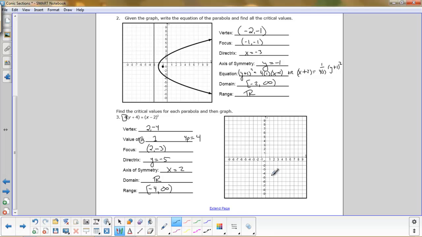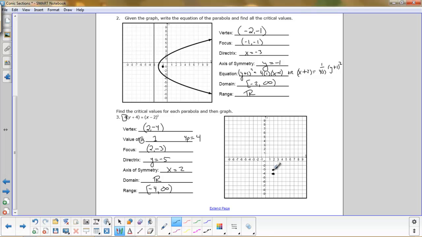Alright, let's go ahead and graph this so that the domain and range, additionally the axis of symmetry, make sense. Let's try again, shall we? 2, negative 4, value of the vertex.